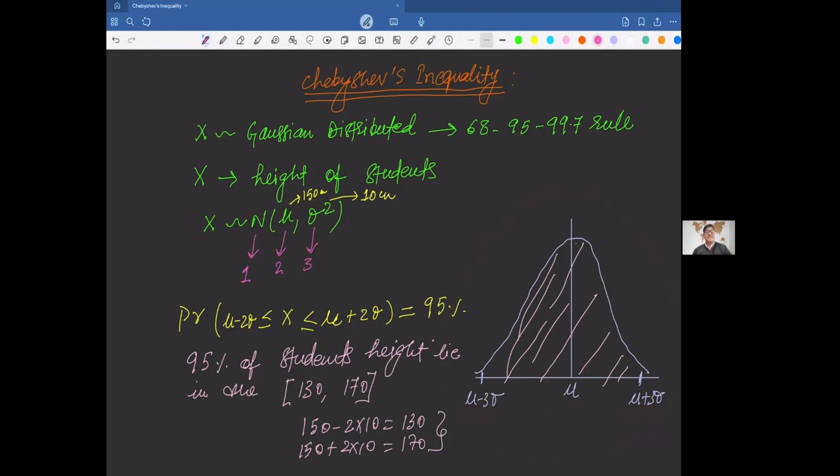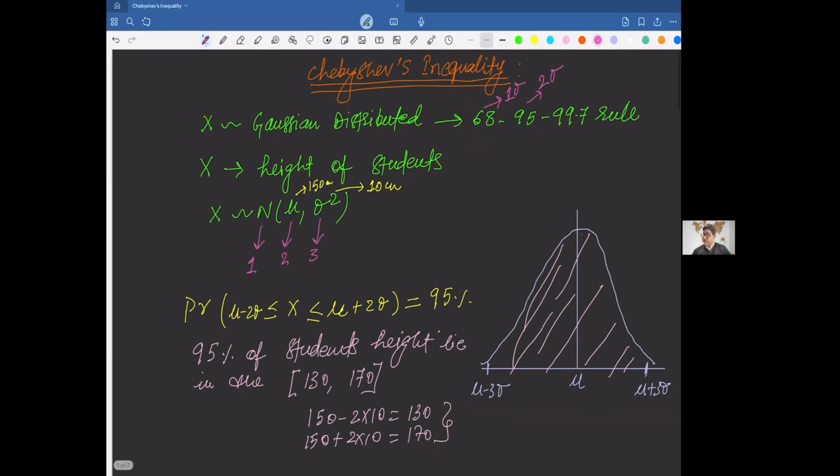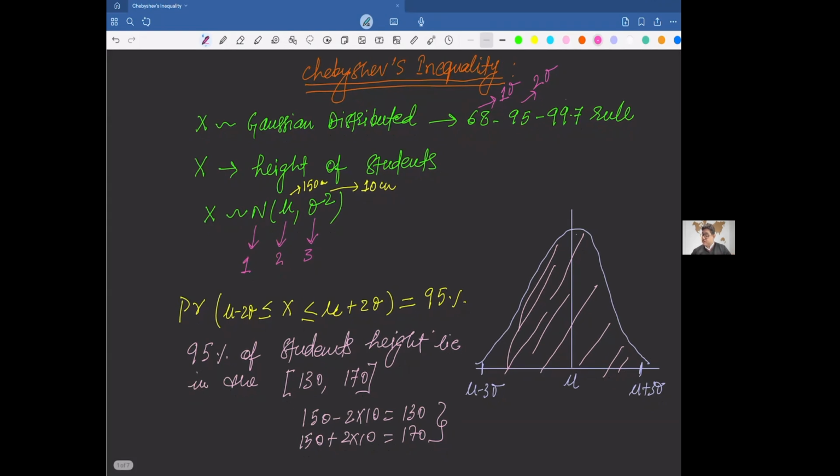It has the property that 68% of the data lies between plus 1 standard deviation and minus 1 standard deviation. So this is the 1 standard deviation range, this is the 2 standard deviation range, and this is the 3 standard deviation range.